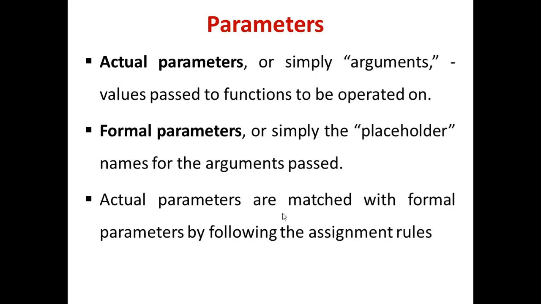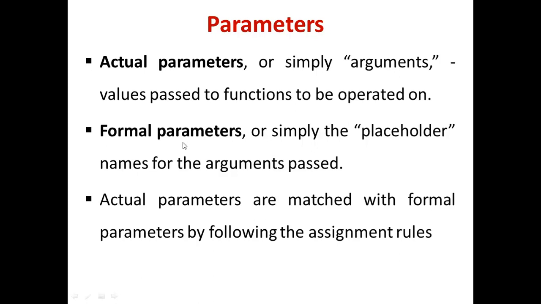I told you that there are two ways to represent the parameters. One is the actual parameter, or simply arguments. Normally, the actual parameter is simply the values being passed to a function. That means when you are calling the function, that place will pass this value, and at that time it acts as an actual parameter.